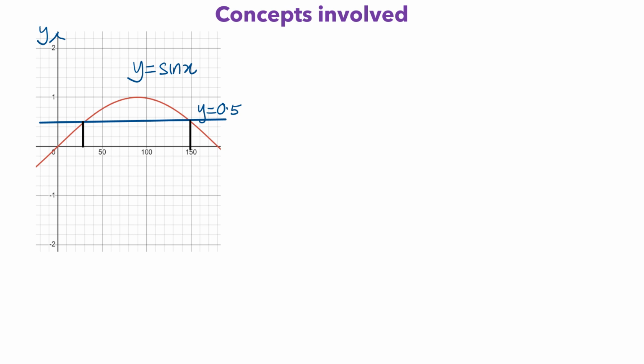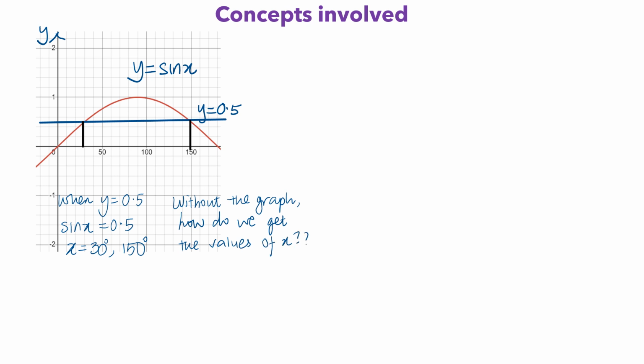But supposing if you don't draw the sine curve, then how are you going to get it? By solving it. So this is how we do it. When y is 0.5, that means if the ratio is 0.5, sine x is equal to 0.5. So we're going to find your first angle, which is the acute angle. So x is sine inverse 0.5, which is 30 degrees.